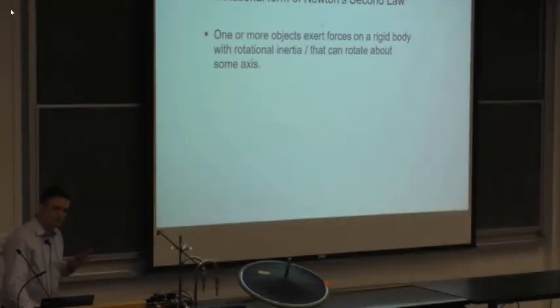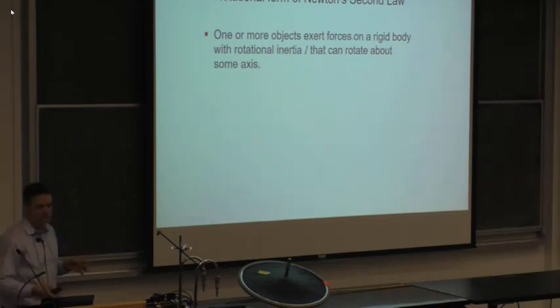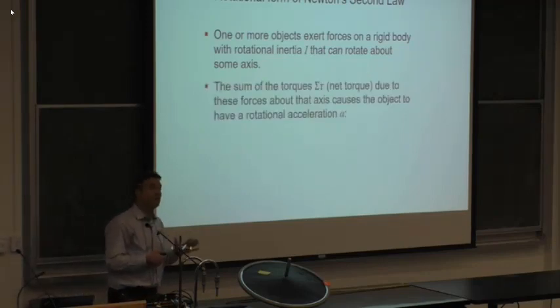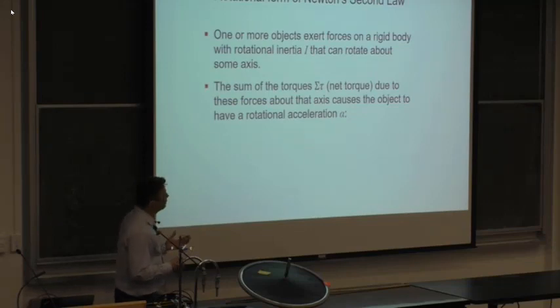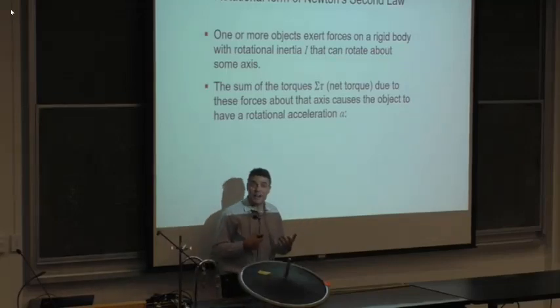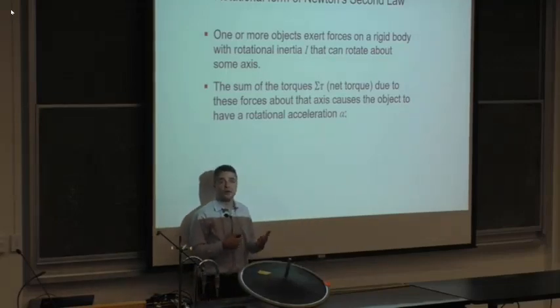Okay, so, all right. You've got a rigid body. It has some rotational inertia about some axis. You have some torques coming from various forces, and they produce a net torque. In static equilibrium problems, we've set the net torque to be 0.